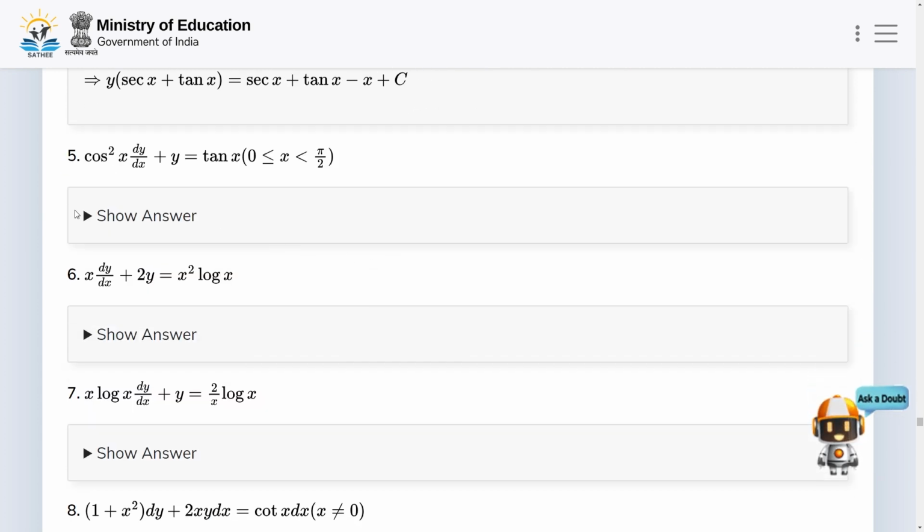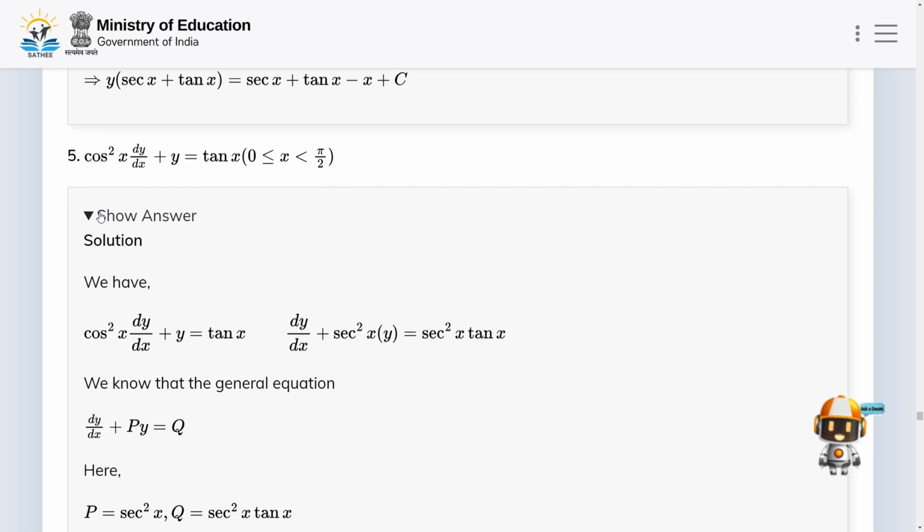Okay, now fifth problem, p will be 1 by cos square x, which is sec square x, and q will be tan x and sec square x.